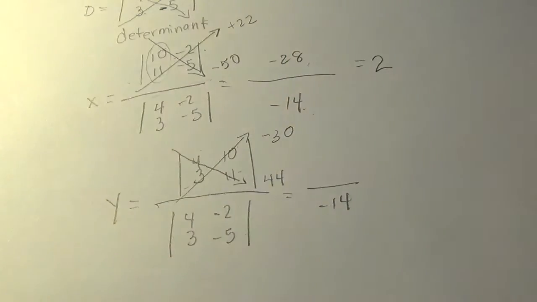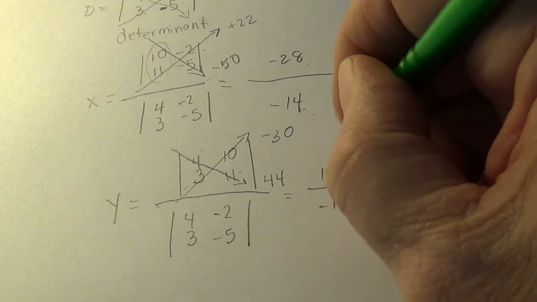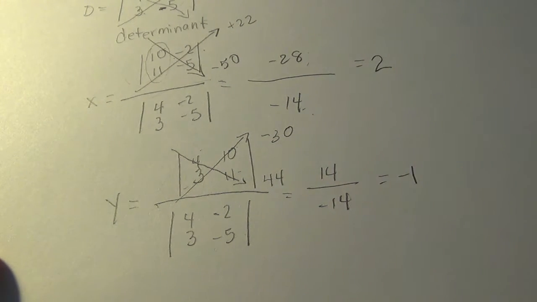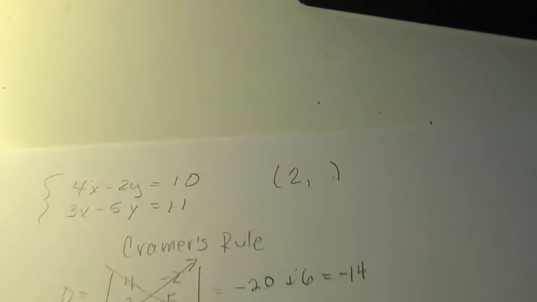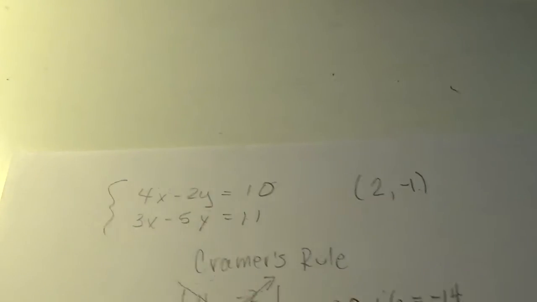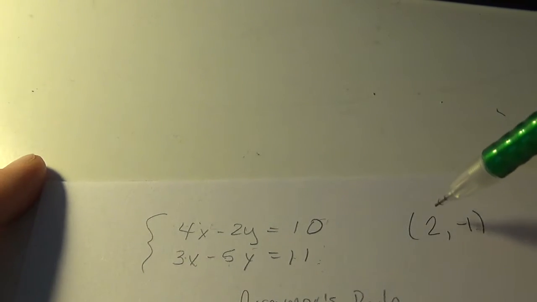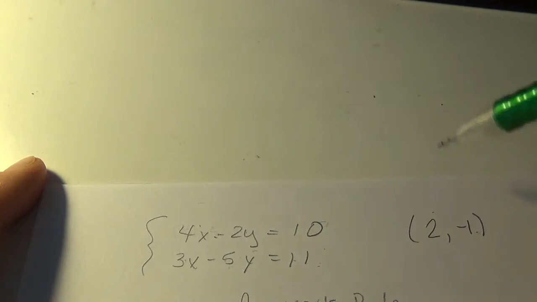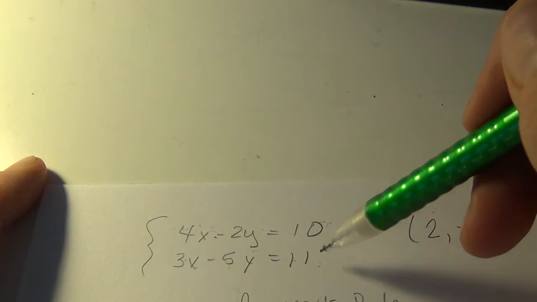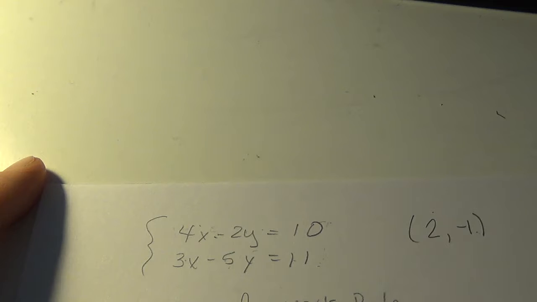So when we have 44 and a negative 30, it comes out to 14. 14 divided by negative 14 is negative 1. So I'm going to put that answer in right here. You can check this by putting in x as a 2 and y as a negative 1, and you'll see that it creates a true statement here and here.